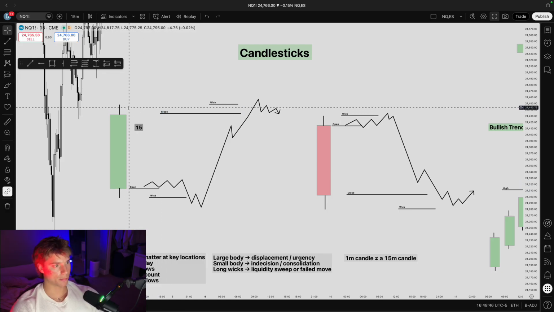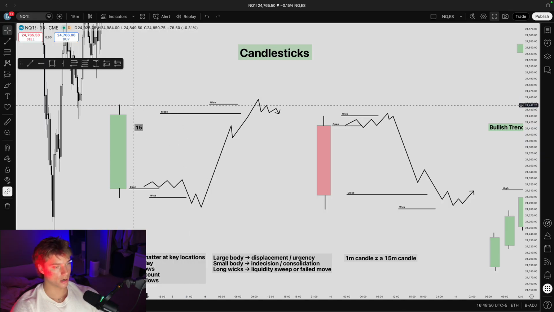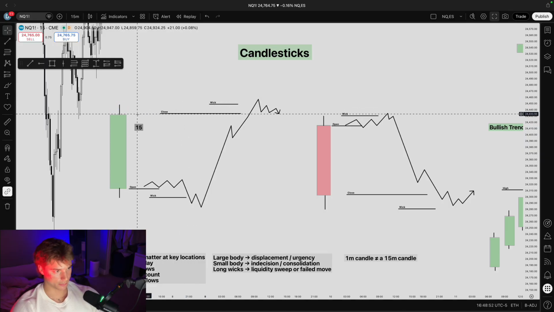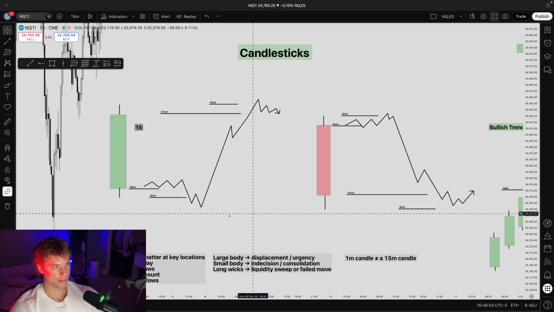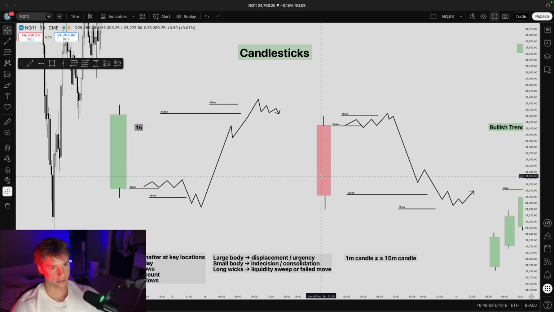Wicks represent where price went. So price went up here, but closed back down here. That is going to be for a bullish candle. And for a bearish candle, it's basically the same exact logic, just the opposite way.